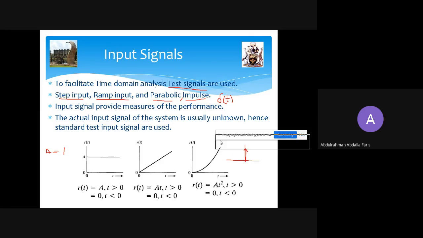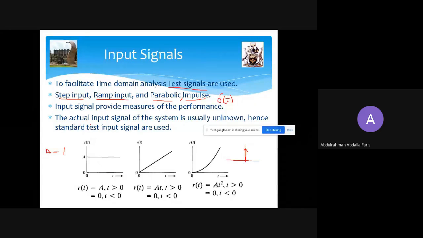So what we do is inject these signals into the system, and we see how the system will respond. For a step input, it's like you are switching on. So the way you simulate is you put in a unit step input and see how the system will respond when you switch it on.